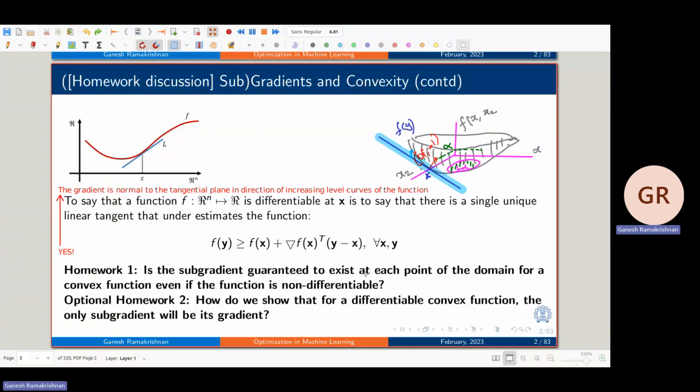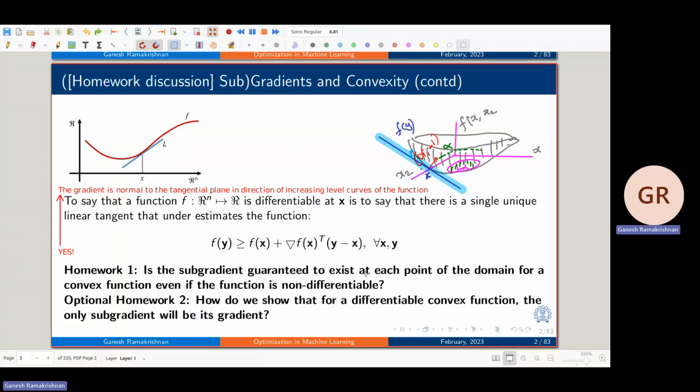Nothing, right? So the intuition is that the gradient, or subgradient, should point in the direction of increasing values of level curves and should be perpendicular to the supporting hyperplanes at each such point on the level curve.